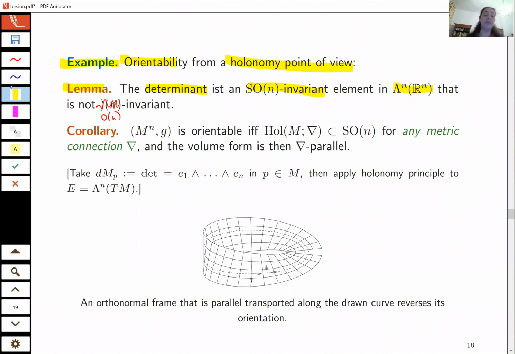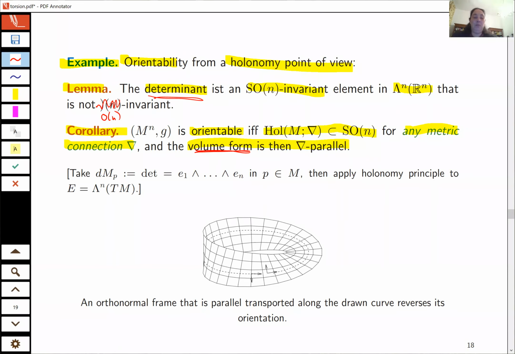Therefore, by the general holonomy principle, we have the nice corollary. A manifold is orientable if and only if the full holonomy group, not the reduced one, is inside SO(n) for any metric connection nabla. And if this is the case, the volume form is going to be nabla parallel automatically, because the volume form is just the manifold version of the determinant.